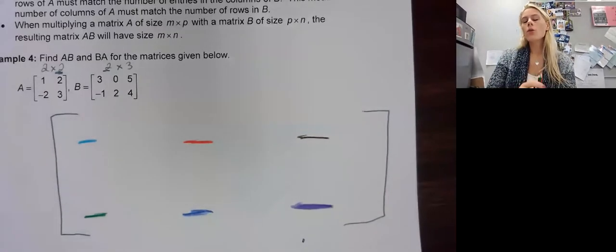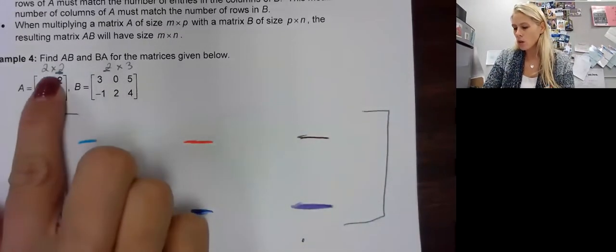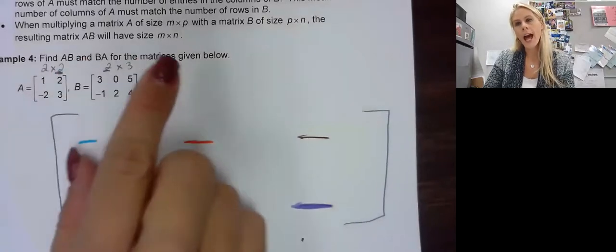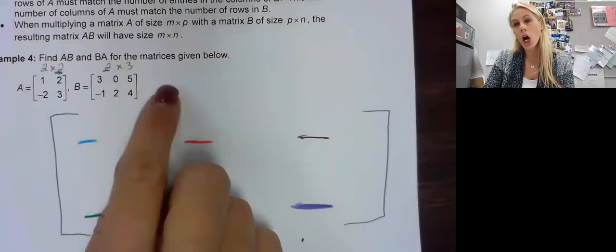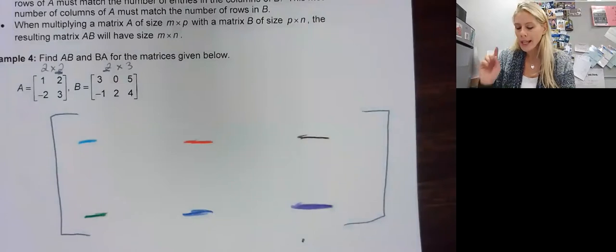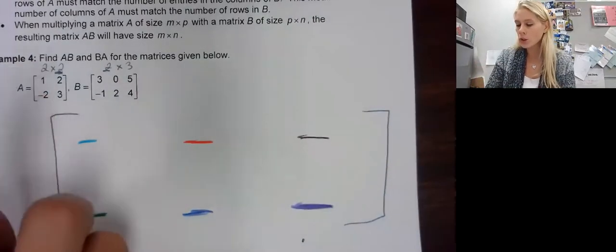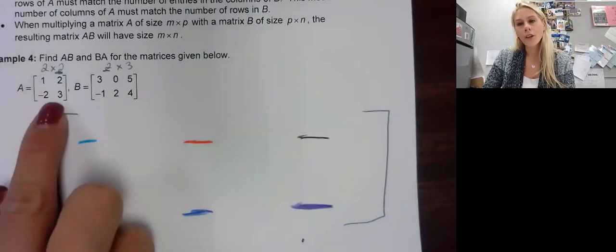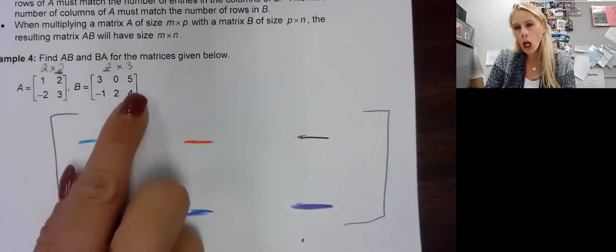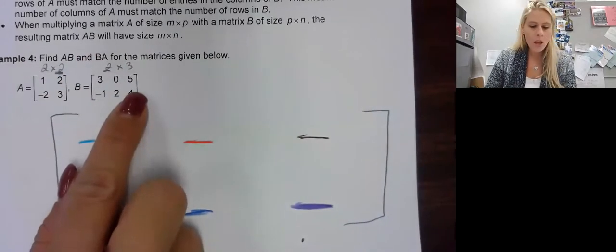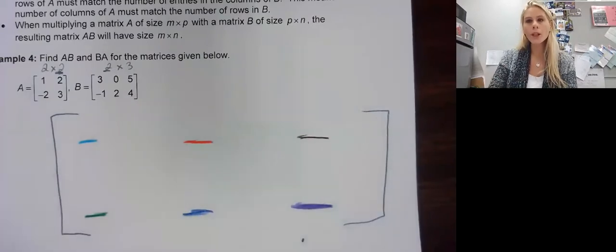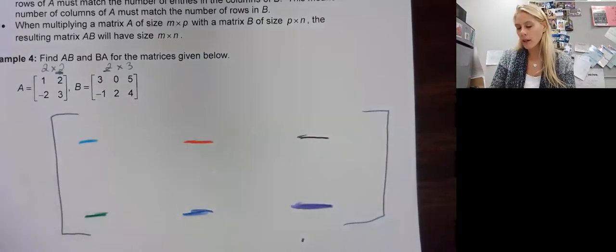Okay, so why is it that the columns in our first matrix have to be the same as the rows in the second? It is because we are going to use the row of the first times the column of the second. I'm going to write this down as a note, but you will write all the math down.